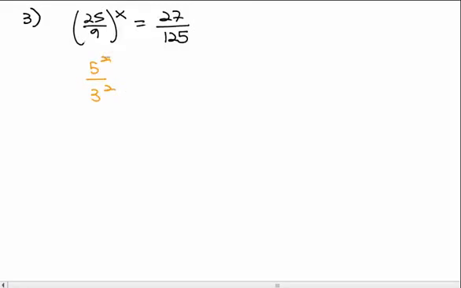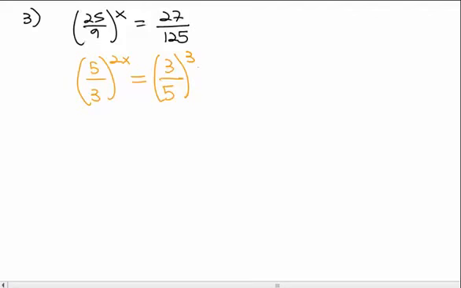Because they're both squared, what we're going to do is say that the entire fraction must be squared, times the x. 27 is 3 to the third, and 125 is 5 to the third. Because they're both cubed, we're going to say the entire fraction is just cubed.